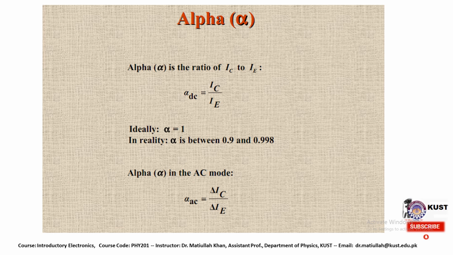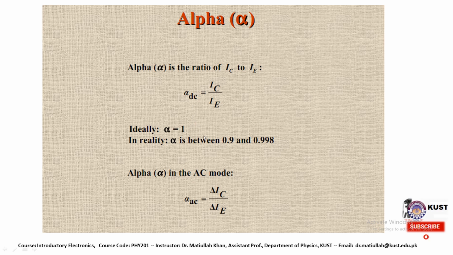But this is rare and almost not possible. Still, in this ideal configuration, the collector current equals the emitter current, so they cancel the effect of each other, and the value of alpha DC should be equal to 1.